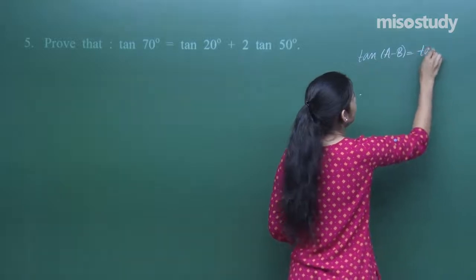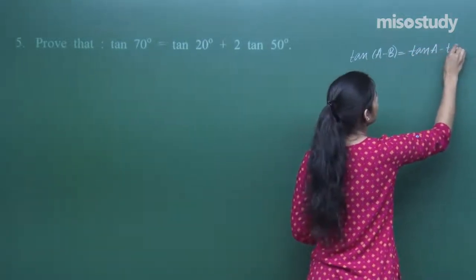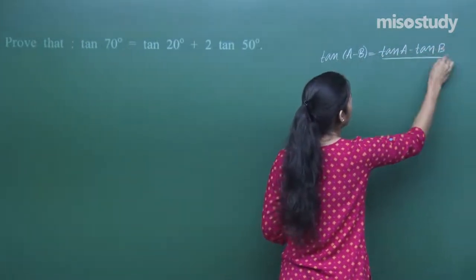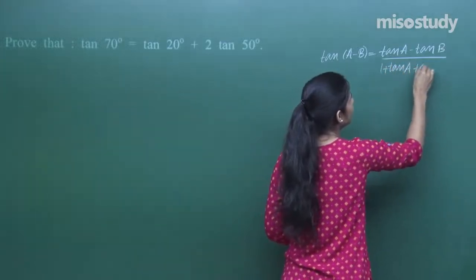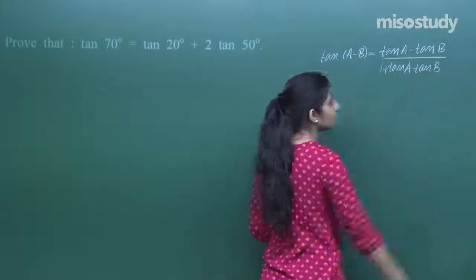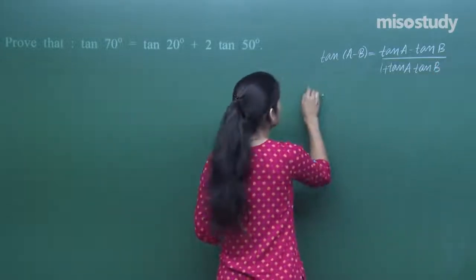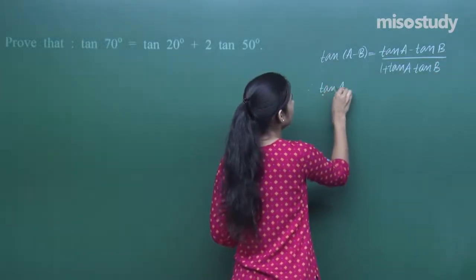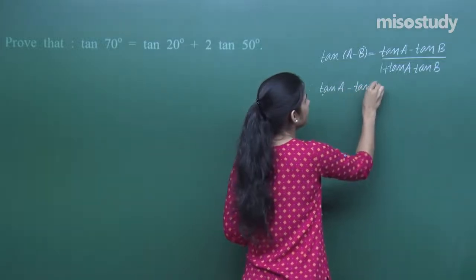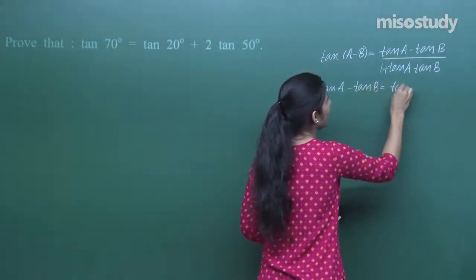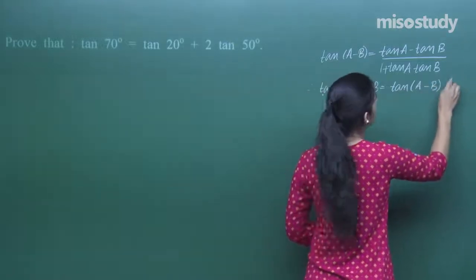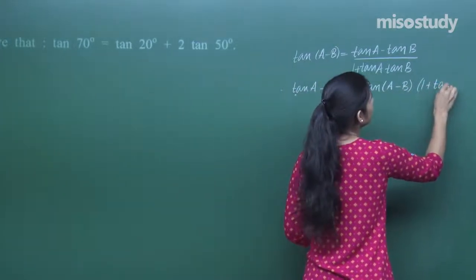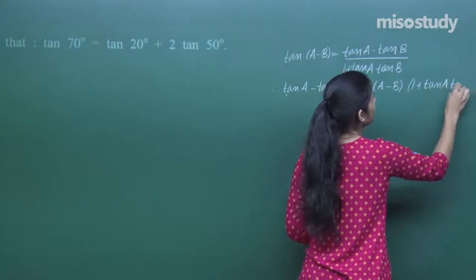it is tan a minus tan b upon 1 plus tan a tan b, right? So that means tan a minus tan b is equal to tan of a minus b into 1 plus tan a tan b.